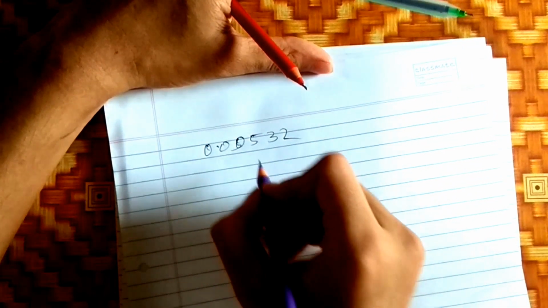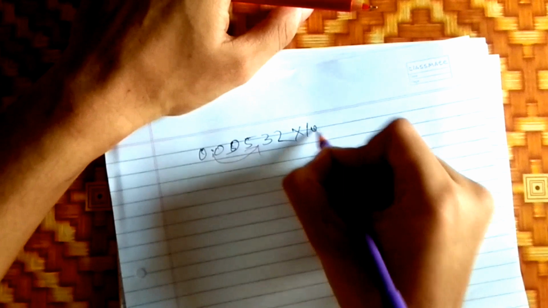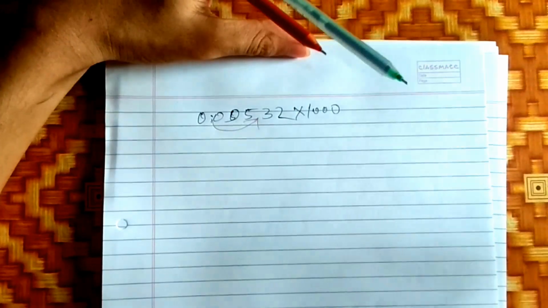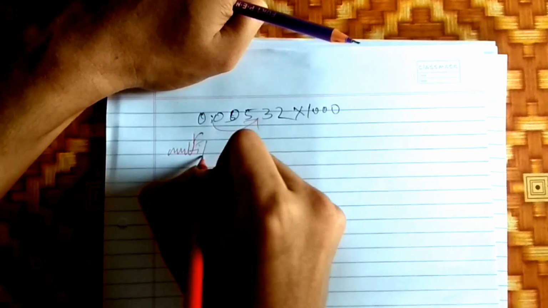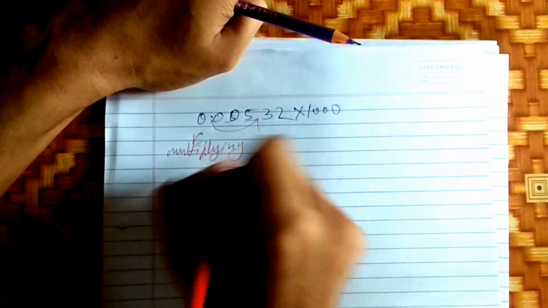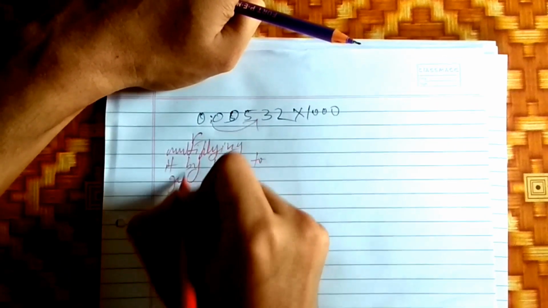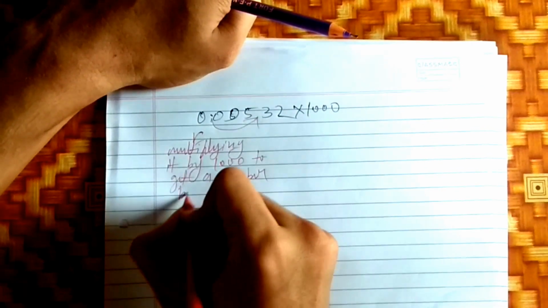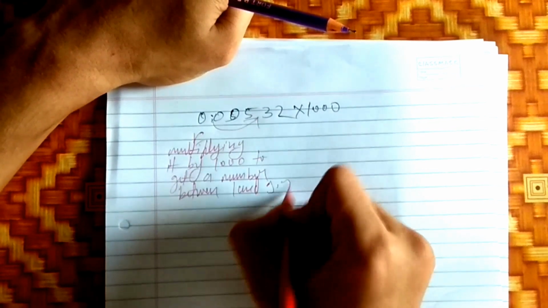Since we have to shift the decimal point by 3 places to the right, we will have to multiply it by 1000, to get a number between 1 and 9.9.